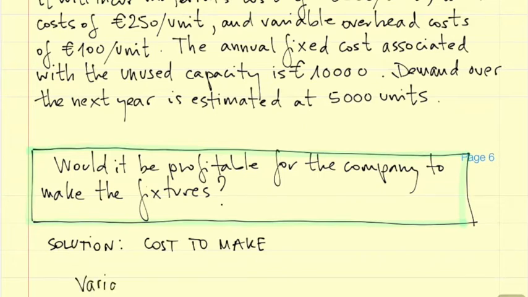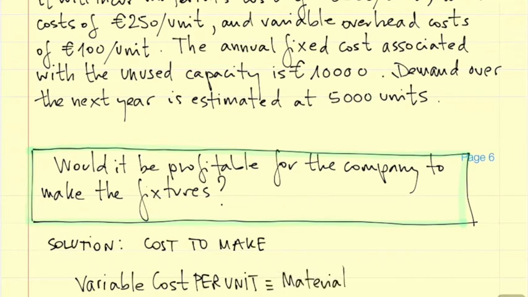So what is the variable cost per unit? Equals material plus labor plus overhead.